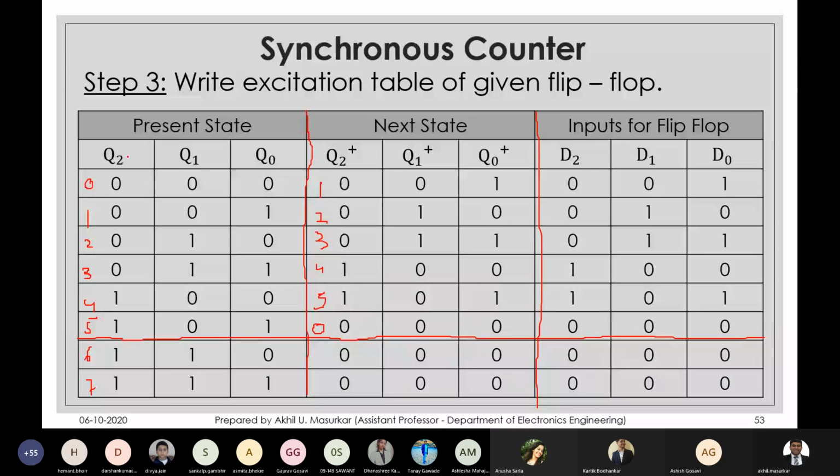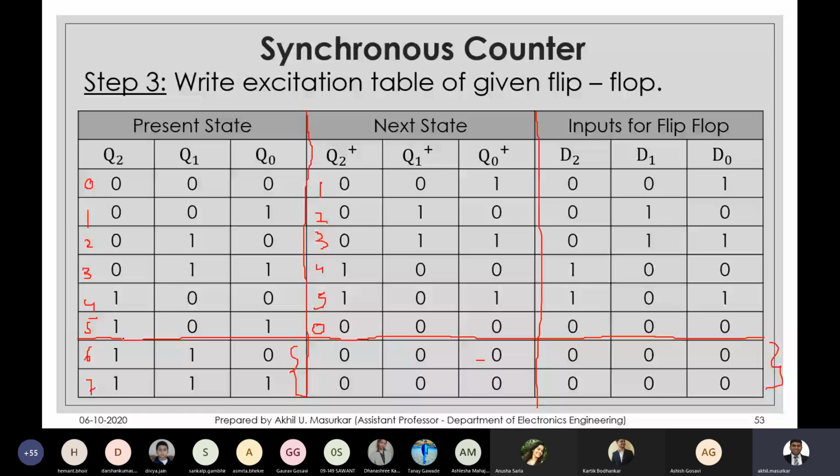That means in the regular sense, if there are no errors, the counter will count like the previous one. But now you can see in these states, there are no don't cares. We have defined the next state of the invalid states also.